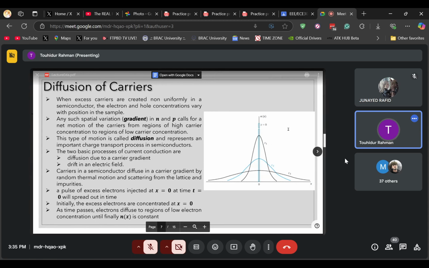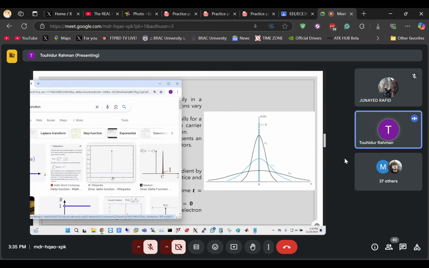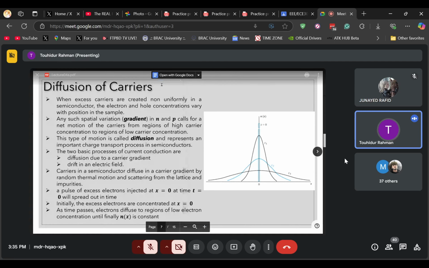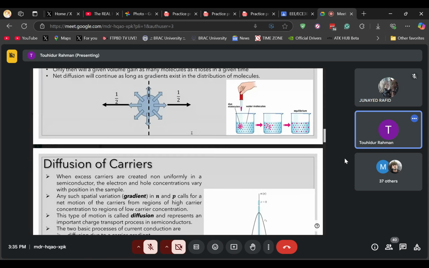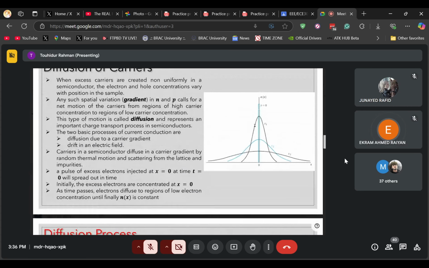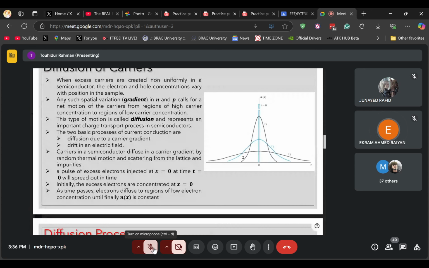No concentration here, no concentration here, only concentration here. Let me bring that signal again. No concentration here, only at this point. Then there will be diffusion. So the diffusion will happen to the left or to the right, in both directions. Right, because the probability is equal, so it will diffuse in both directions. And as the time goes by, it will continue to diffuse.